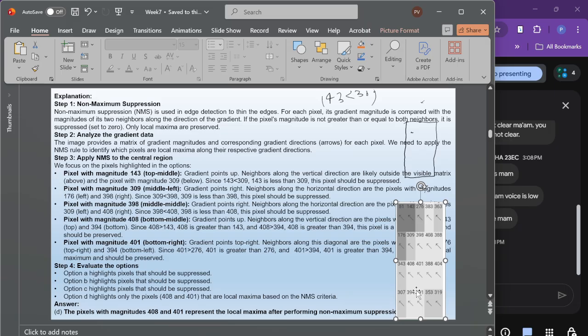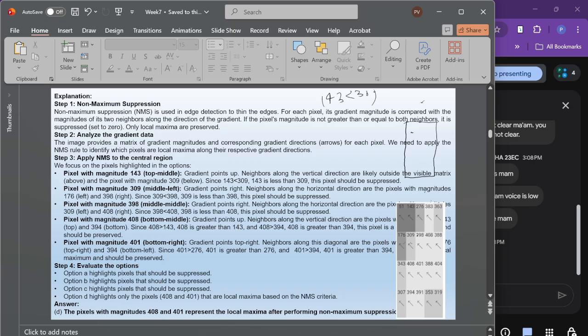So the pixel with magnitude 309, that is this one, middle left. The gradient points right. Neighbors along the horizontal direction are the pixel with magnitude 176 on this side, but it is suppressed, so we are not calculating it, because we are taking only this area.